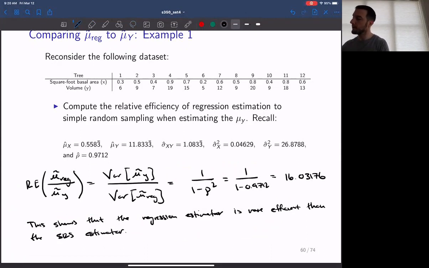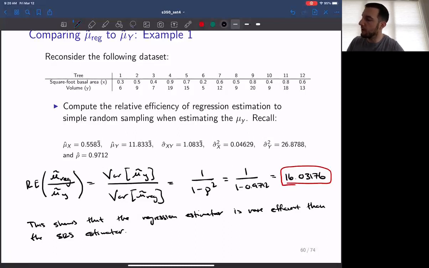Now we'll also notice here we have a value of 16.03176. When we compared ratio estimation to the simple random sample estimate, we had a relative efficiency of 15.3567. So what this is showing us is that for this particular example, we have evidence that including this auxiliary variable is very beneficial to the estimation process.